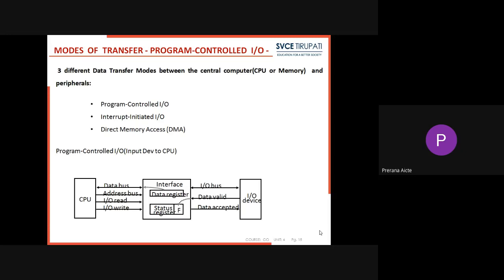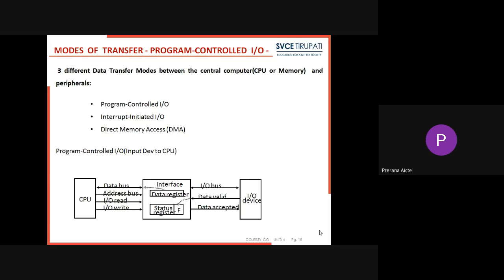The interface sets a bit in the status register, and the device can now disable the data valid line, but it will not transfer another byte until the data accepted line is disabled by the interface.